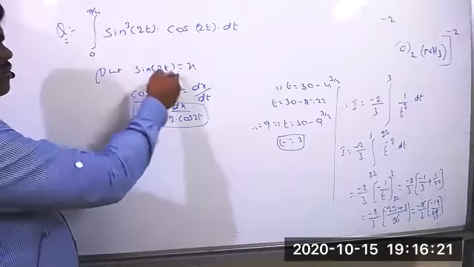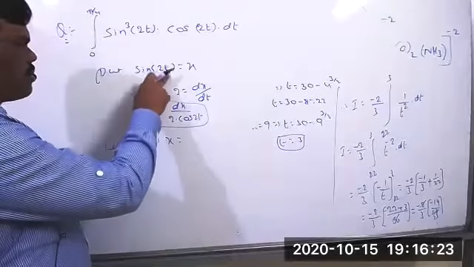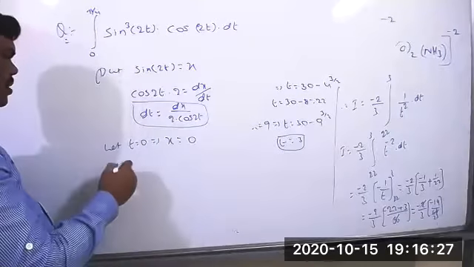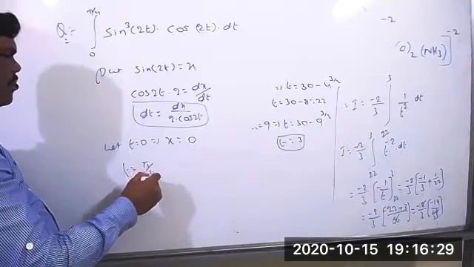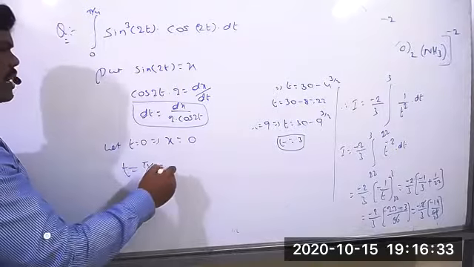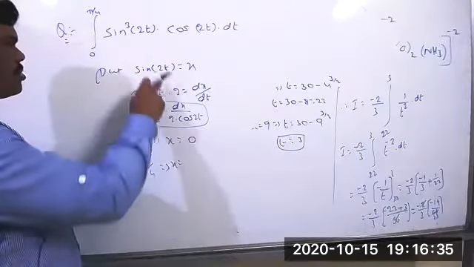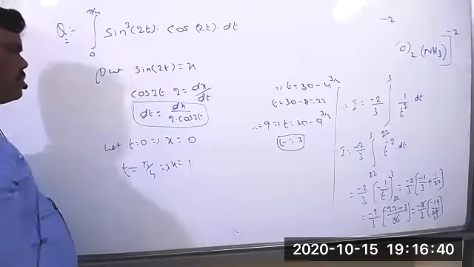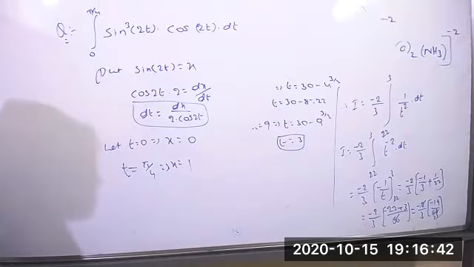Then the value of x equal to how much, tell me now? x equal to sine of 2 into 0, sine 0 equal to 0. Next, t equal to pi by 4, that implies the value of x equal to sine of 2 into pi by 4 equal to pi by 2, sine 90 equal to 1. So the limits will be 0 to 1 now.